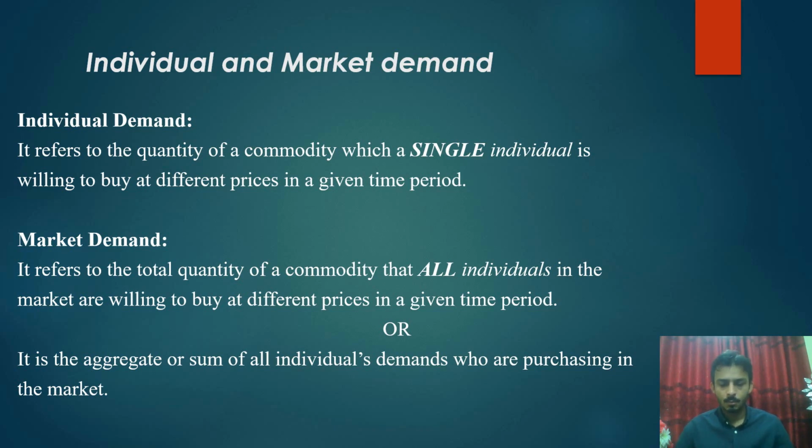It says a single individual is willing to buy at different prices in a given time period. If one individual is going to buy any product, that could be considered individual demand. That will be the demand of that particular person, right?